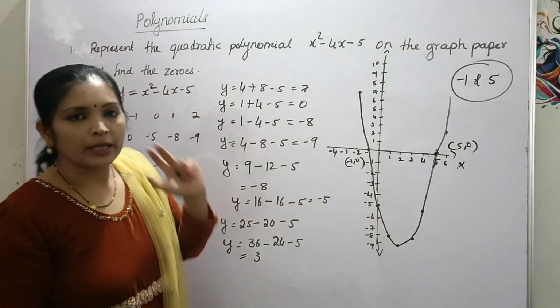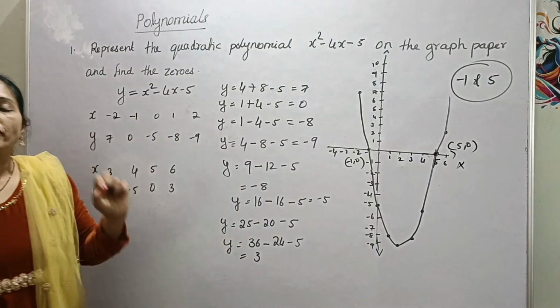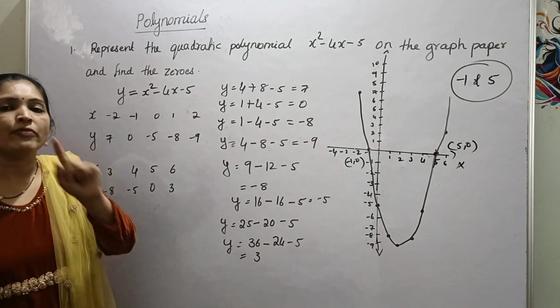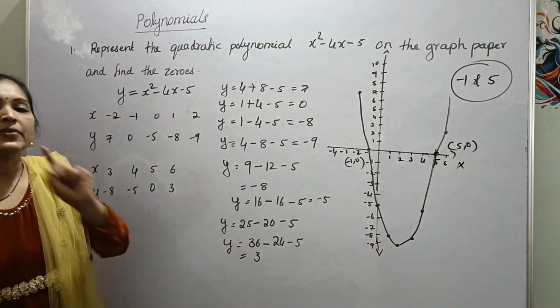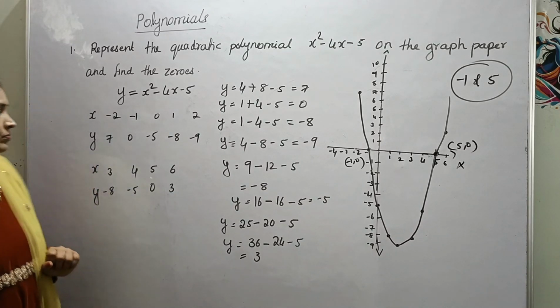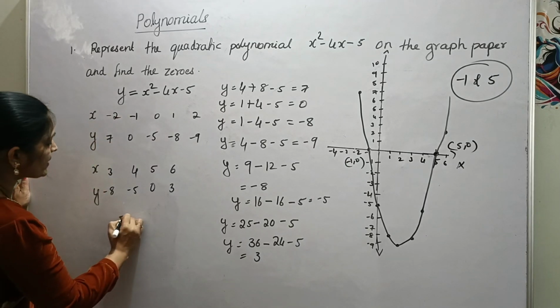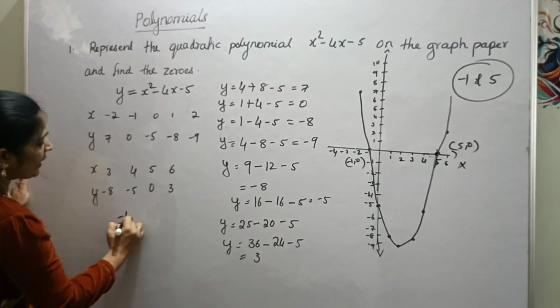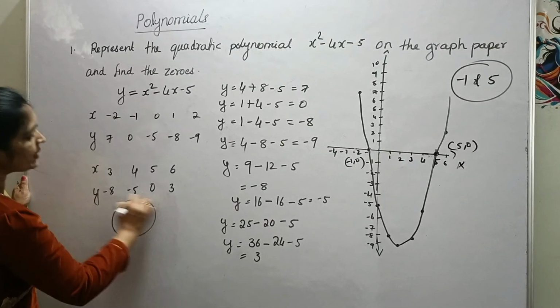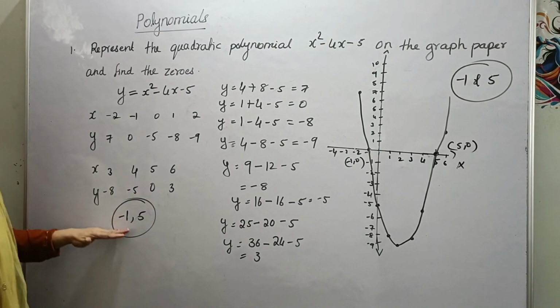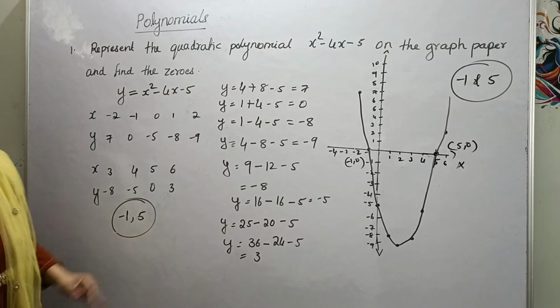So here remember the zeros of the quadratic polynomial are the x coordinates of the points where the graph intersects the x-axis. So the zeros of x square minus 4x minus 5 are minus 1 and 5.